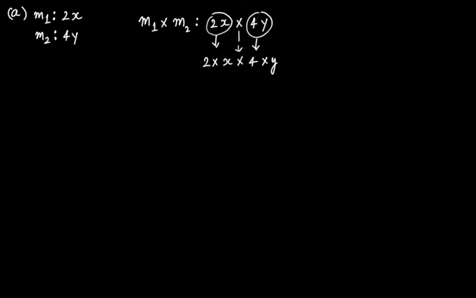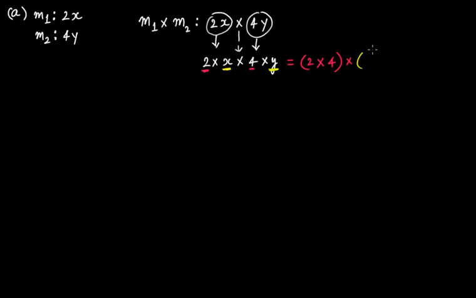Now, 2 of this monomial and 4 of this monomial are constants, right? They are numerical coefficients. So you group them together and multiply. So this is 2 multiplied by 4 and then multiplied by this x, that is a variable of this monomial, and y, that is the variable of this monomial.